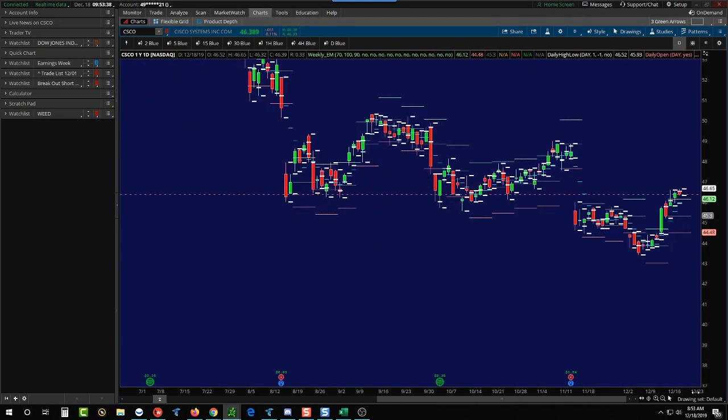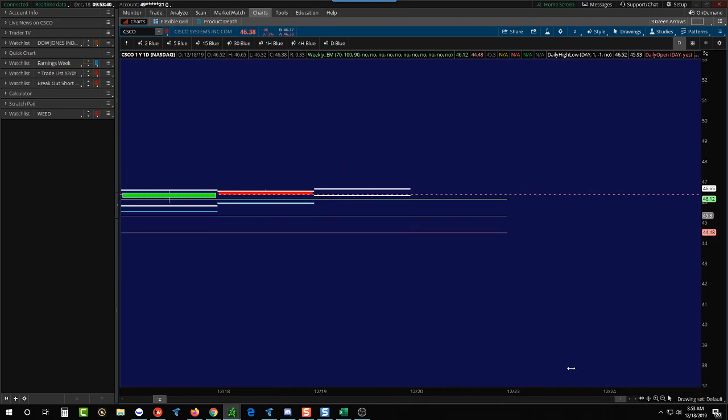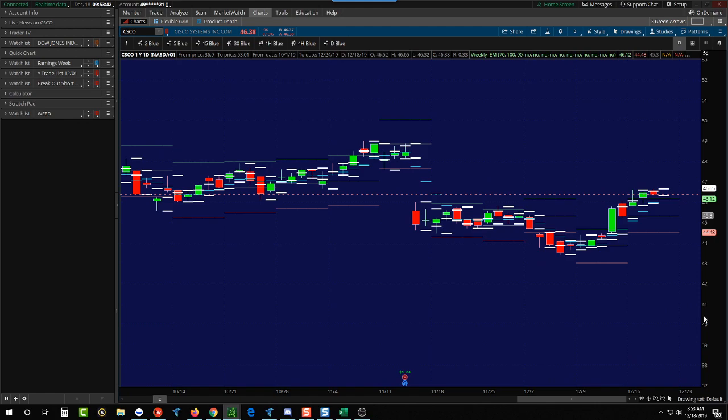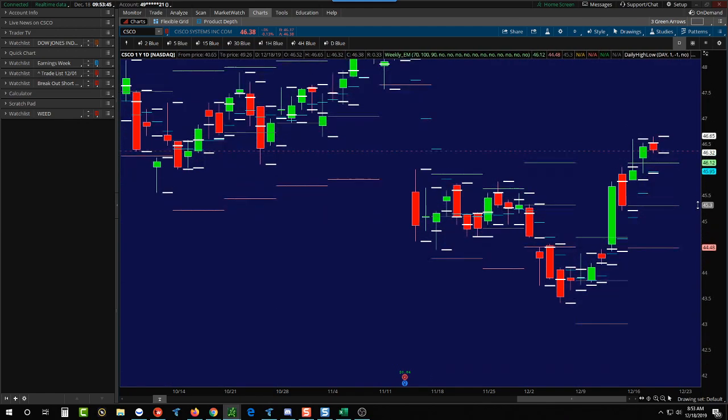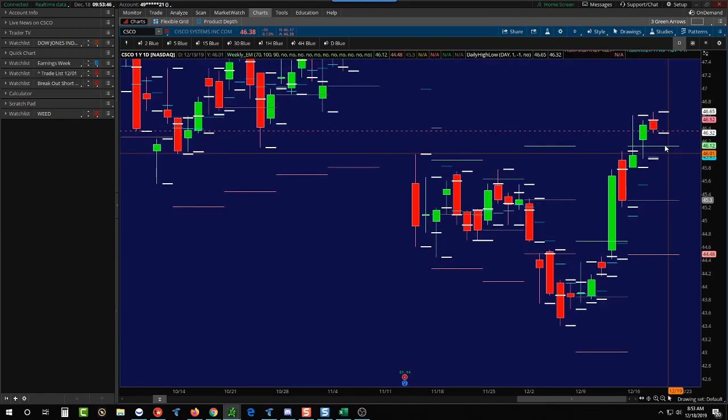Recognize that it is outside the boundaries of its Friday expected move. Ooh, zoomed too far there. So that green line was the top of its expected move for the week, and it has already surpassed that. Wouldn't be surprised to see it fade down to the 46 by the end of the week.